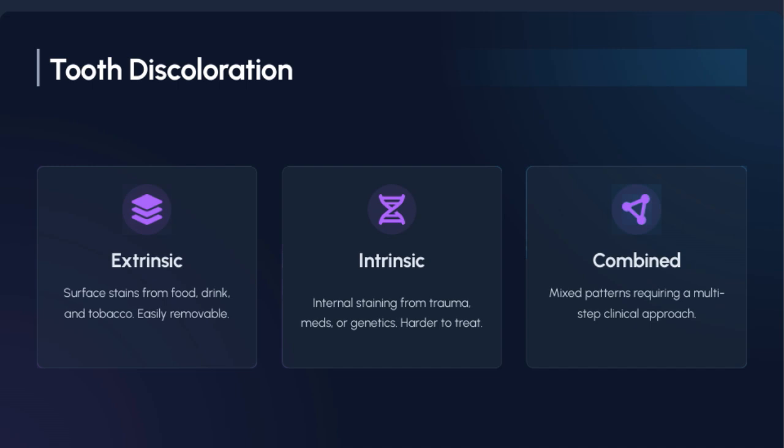These are usually the easiest to treat because they sit on the surface and can often be polished or cleaned off. Understanding these different patterns helps us identify the most effective treatment plan for each patient. Recognizing whether a stain is intrinsic, extrinsic, or combined guides us in choosing the right approach, ensuring we achieve the best results for our patients.